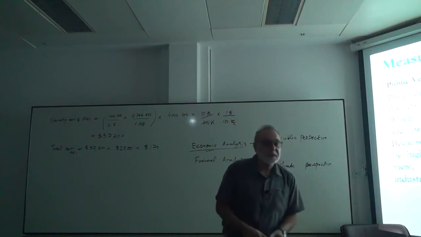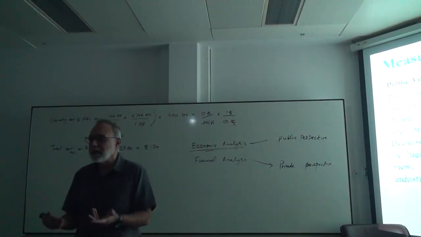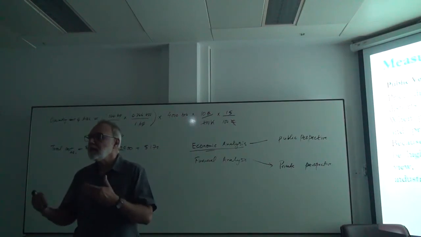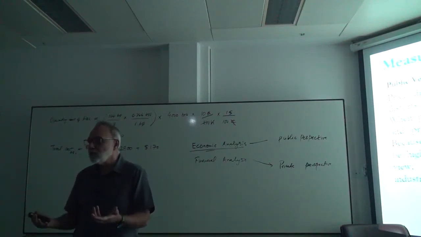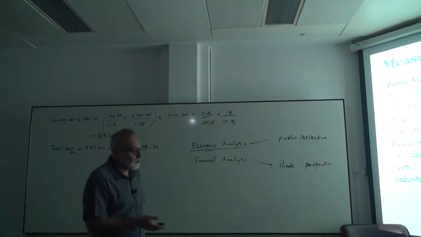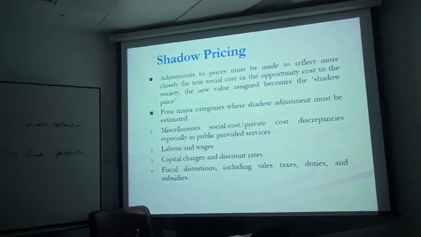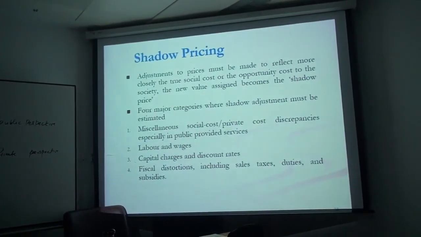Now, as the prices become misleading, we change the prices to do the economic analysis, to bring them back to their actual value, which we call the opportunity cost of those prices. This change in prices is called shadow pricing. Shadow pricing is adjustment to prices that must reflect more closely the true social cost or the opportunity cost to the society.